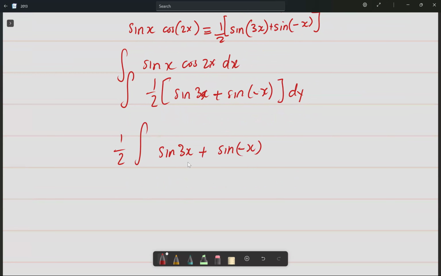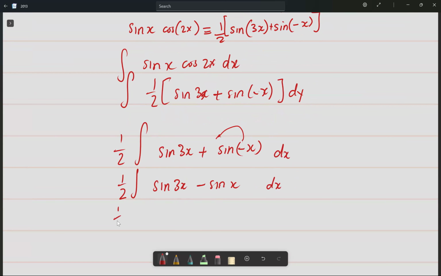One of the things that you should know is that if there's a negative in front of the x here, the negative can go outside for sine. So that's the integral of sine 3x minus sine of x, and the half outside. You're going to now integrate them individually.